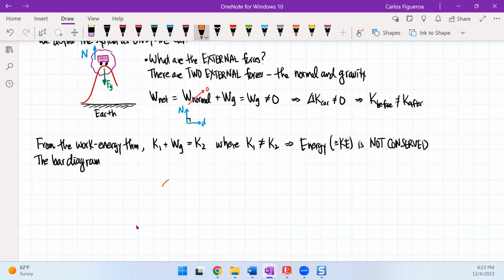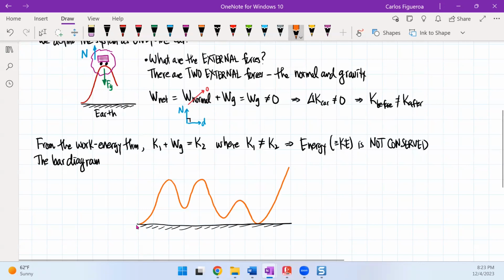Picture-wise, I imagine that I have my track. So if I'm drawing my track, I see that my track goes up and down, and then it comes down, and then it comes up to half the point, and then part of the track continues to go off. If I look at this as being the bottom, then the track shape is going to be this orange right here.